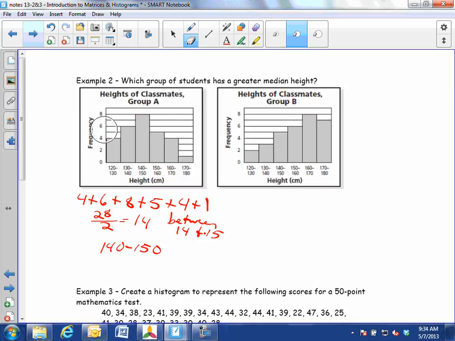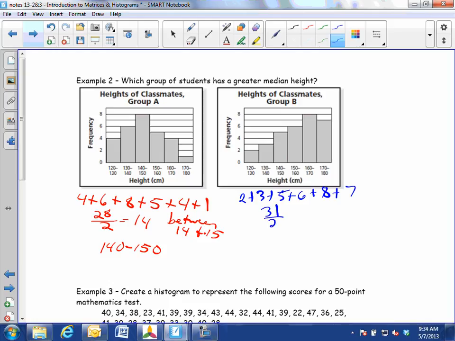All right, let's do the next group, group B. If we add them all up, we've got 2 and 3 and 5 and 6 and 7 and 8 and 7. That's 31. So we divide it by 2. 15.5. So we know that we actually have a middle number, it's not between anything.